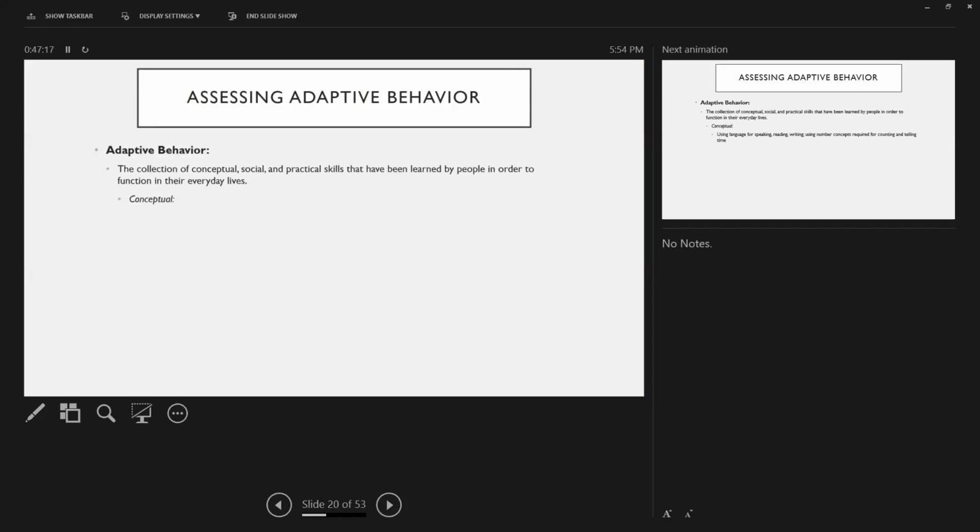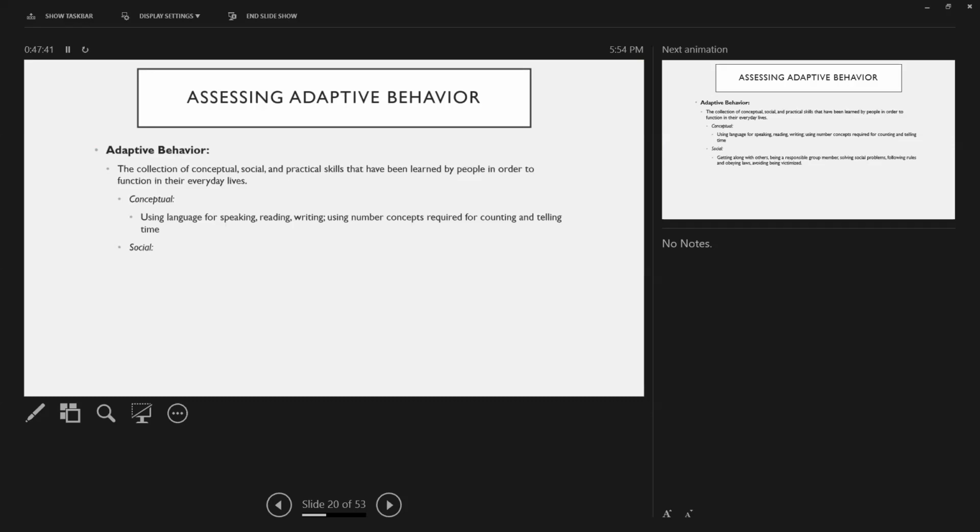Can anyone recall what an example of a conceptual skill is? Reading, writing. Yeah. Using language for speaking, number concepts required for counting and telling time. The next category is social. This should be a pretty easy one.